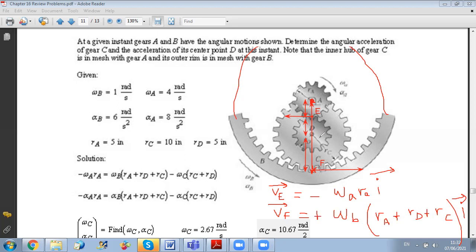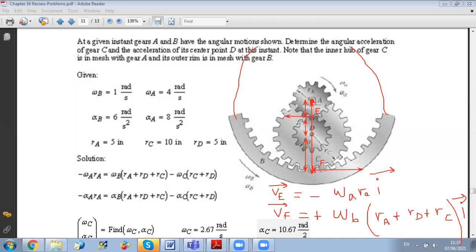Disk C has an inner hub and an outer hub, and they rotate together at the same angular velocity, which we want to determine. We have two methods here: the vectorial formulation and the instantaneous center method. Both will give you the same result.